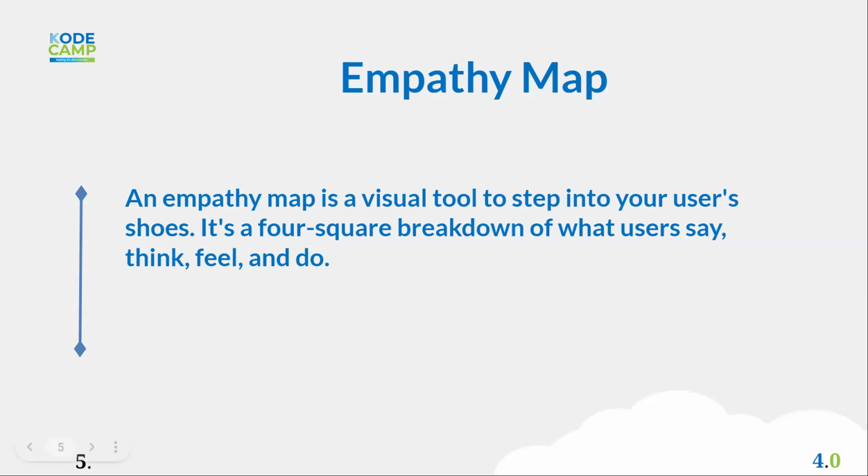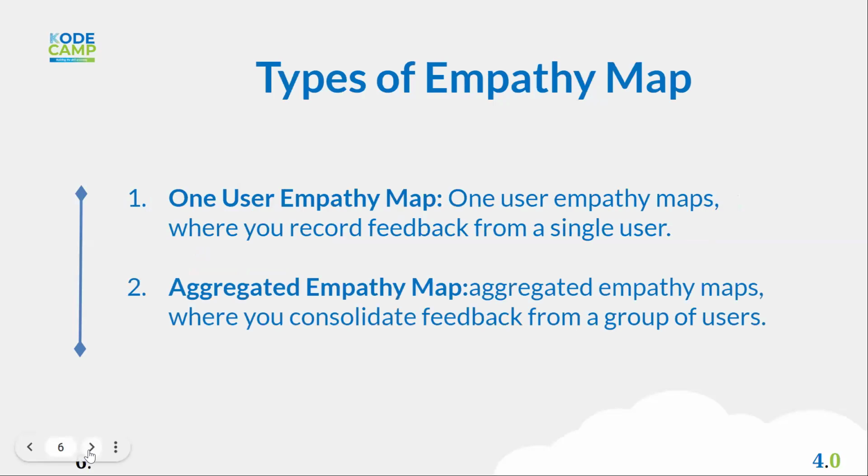We have 2 types of empathy maps: the one user empathy map and the aggregated empathy map. We're going to also look at what each of them stands for and how you can represent the data that you have gathered at the end of today's class.